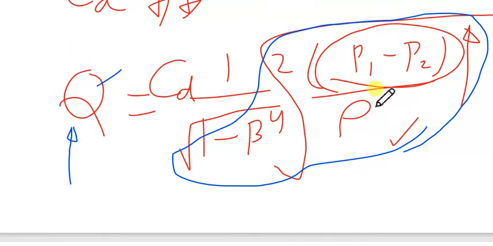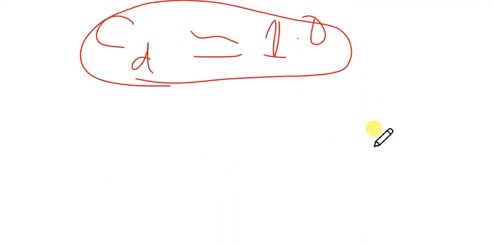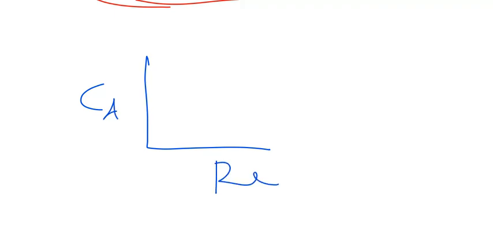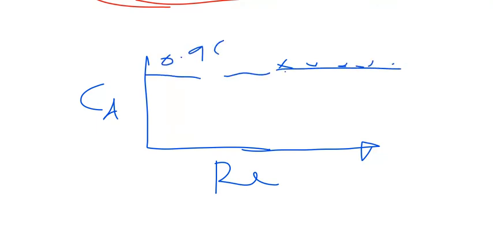You divide this term by this term, and you get the CD. Then you have plotted CD versus Reynolds number. At high Reynolds number, as we know, this is one value. For the Venturi meter, it should be like here, around 0.98.